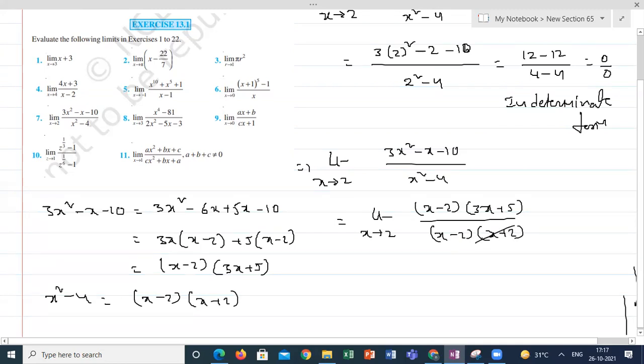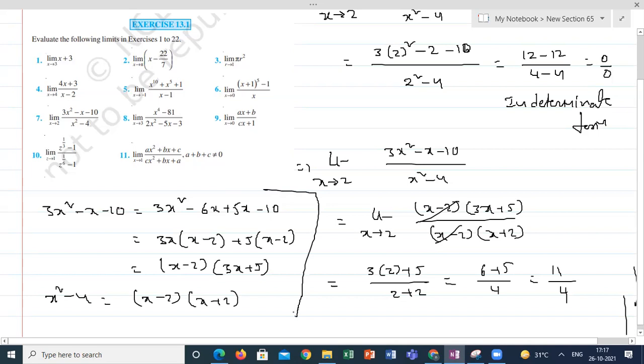The x minus 2 cancels. Now applying the limit, 3 into 2 plus 5 by 2 plus 2. So 6 plus 5 by 4. The answer is 11 by 4. This is the final answer. Please let me know if anyone has any doubt before going to the next question. Students, please respond. Is it clear? Yes, sir.